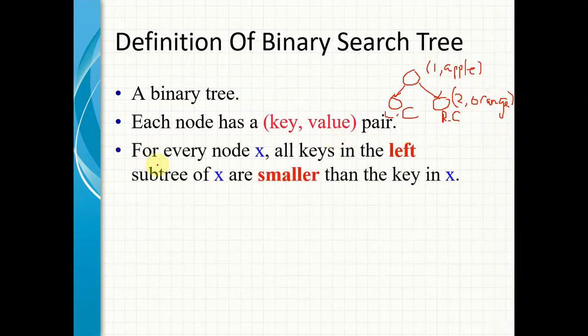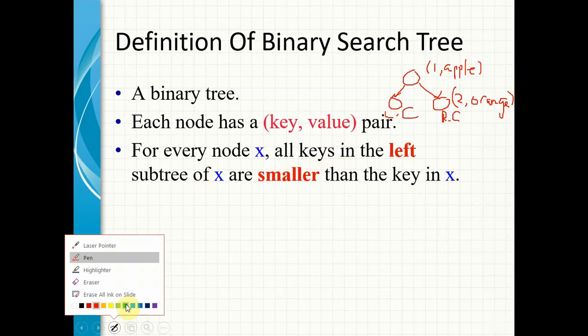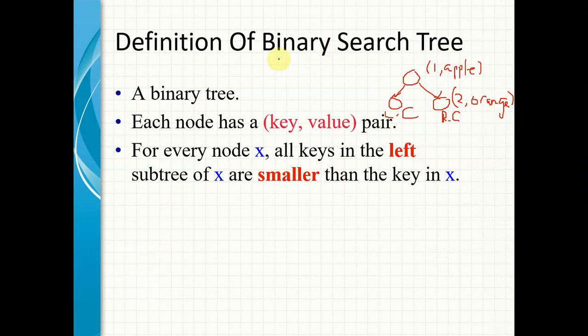So for each node x, all the keys in the left subtree of x are smaller than the key in x. What does that mean? For example, the key is x.